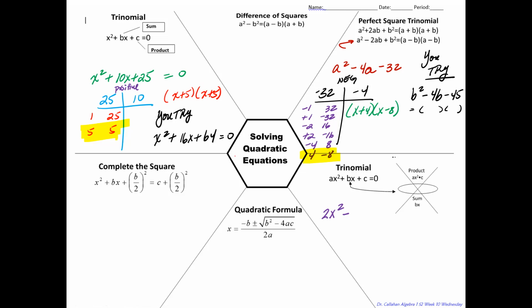So we're going to do a 2x squared plus 3x minus 3.